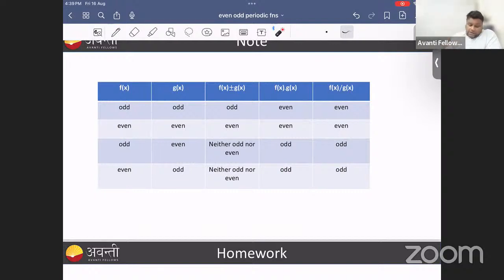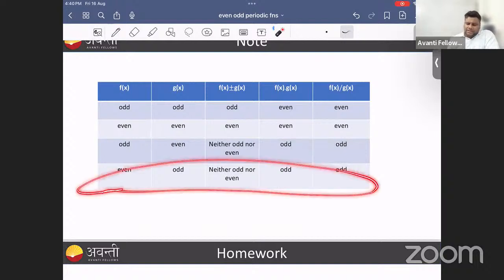Got it? If one is odd, the other is even, then the sum or difference is neither even nor odd. This is the same as the category which I taught you, sin x plus cos x. Sin x is odd, cos x is even, so their summation is neither even nor odd. Their product is going to be odd, their quotient is also going to be odd.